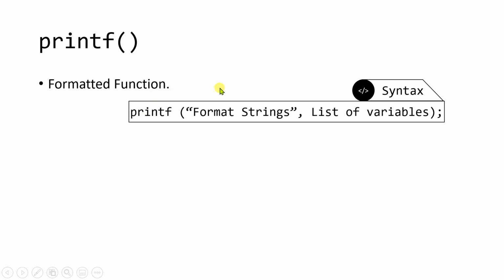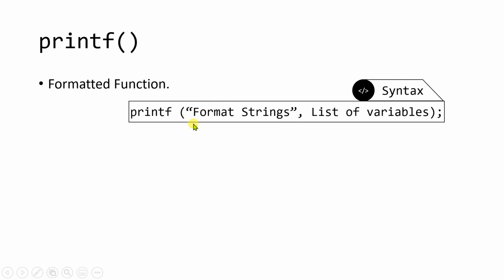We have already discussed this in lecture number 18 of Unit 2. Those who are interested in understanding the syntax of the printf function can refer to lecture number 18 of Unit 2.